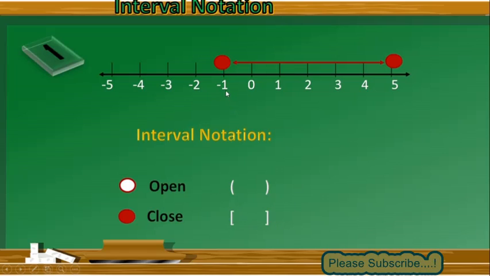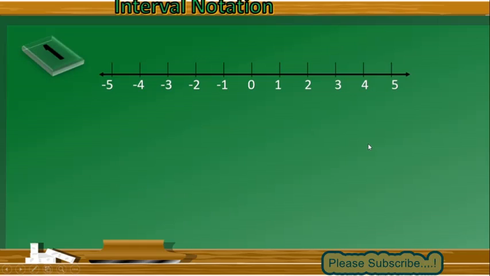We write the bracket first, which means that negative 1 is included in the solution, then comma, 5, then bracket, which means that all of these are included in the solution.